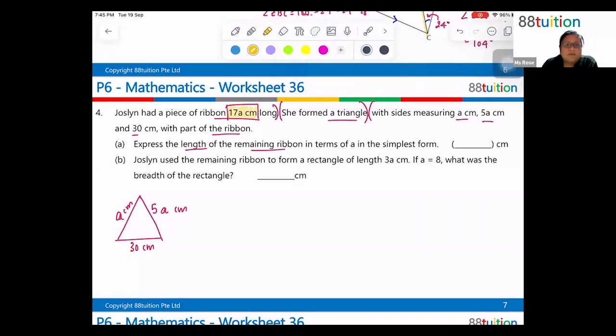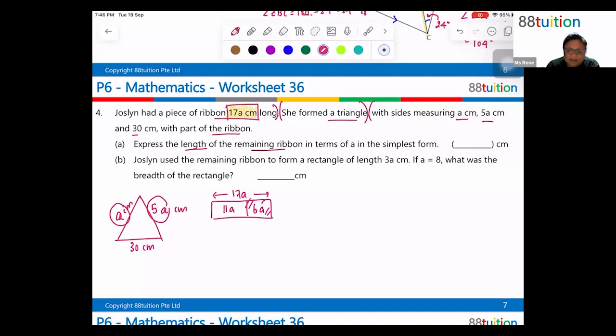Now, what is the length of the ribbon used? I always like to draw my model to represent it. So I have 17A. 5A plus A will give me 6A. So I remove 6A, I'm left with 11A.